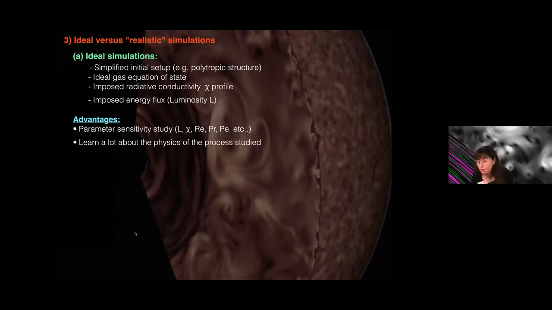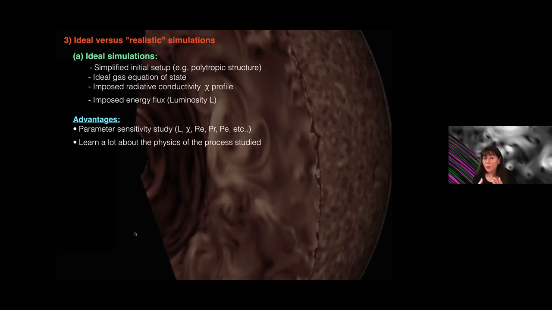So now you have also two different approaches, which is either what I will call ideal simulations. Ideal simulations need that you use a simplified initial setup, for example, a polytropic structure. You use an ideal gas equation of state.